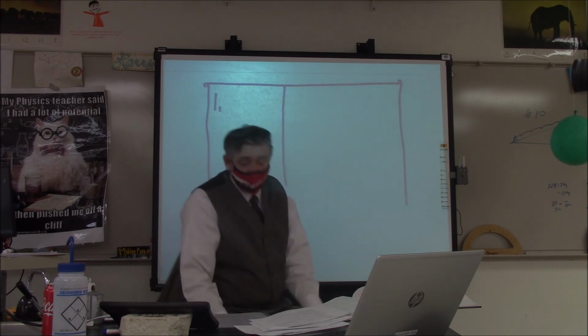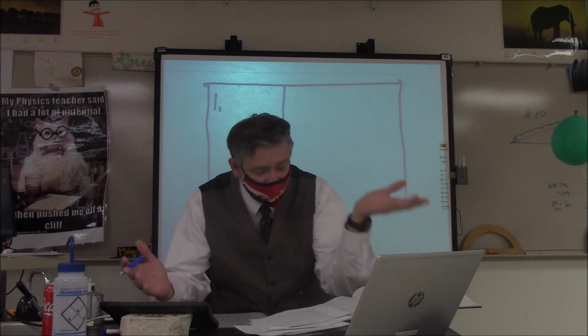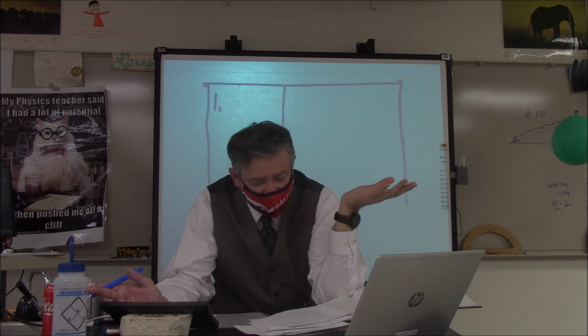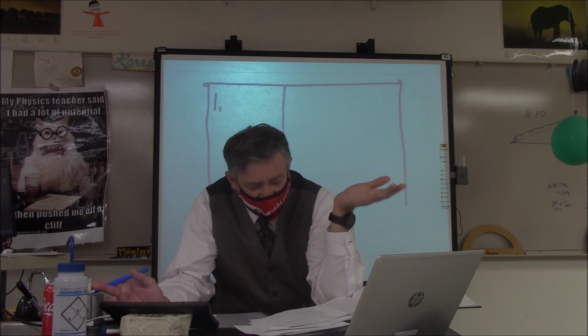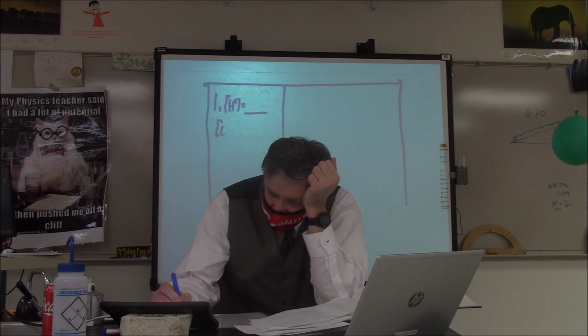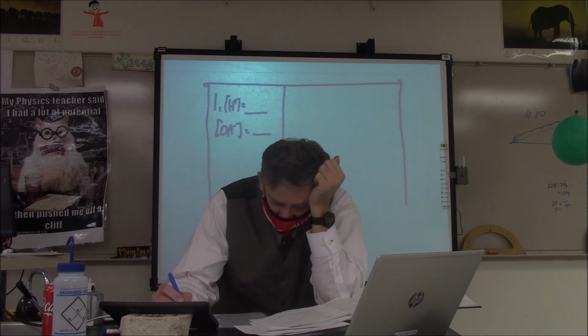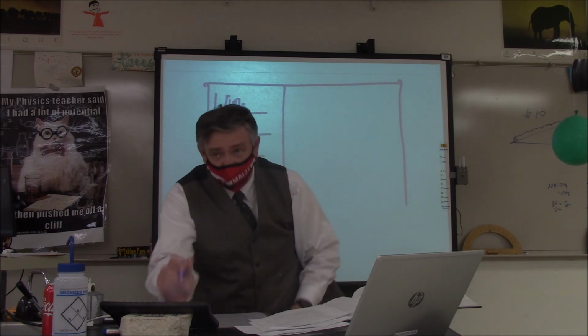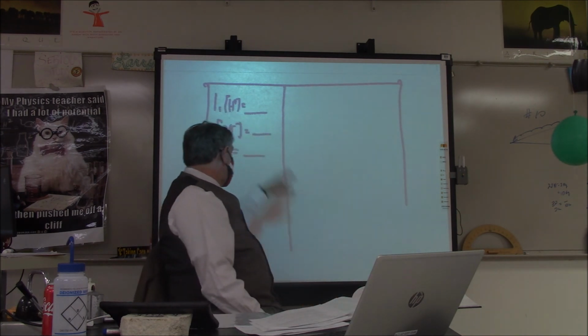So on this one I want the hydronium ions, the hydroxide ions, and the pH. You would say, here's my hydronium ion concentration, it's going to equal something. Here's my hydroxide ion concentration, and here's my pH. What's that going to equal? That's what I would want.